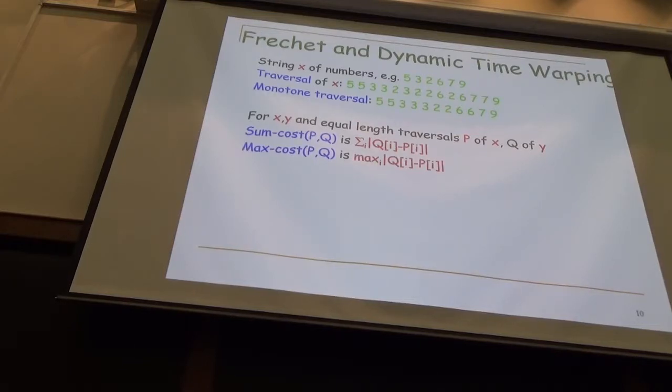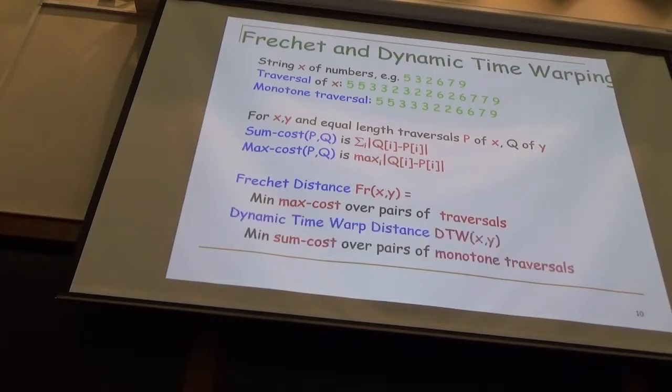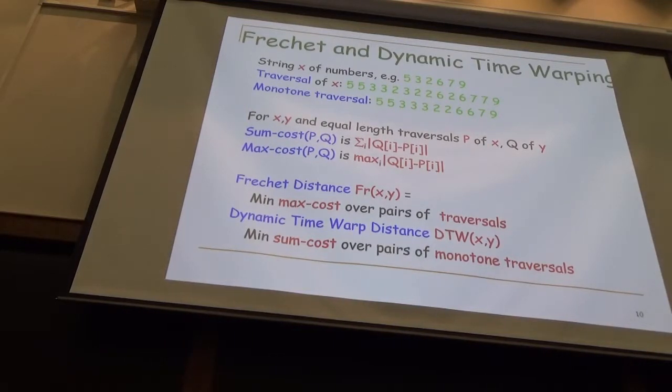And in the max cost, you take not the sum of those differences, but the largest difference. And what's called Frechet distance is to minimize the max cost over pairs of traversals. And dynamic time warp distance is minimize the sum cost over pairs of only monotone traversals. Okay, so these are distance measures that have been proposed in the literature and that people are interested in studying.